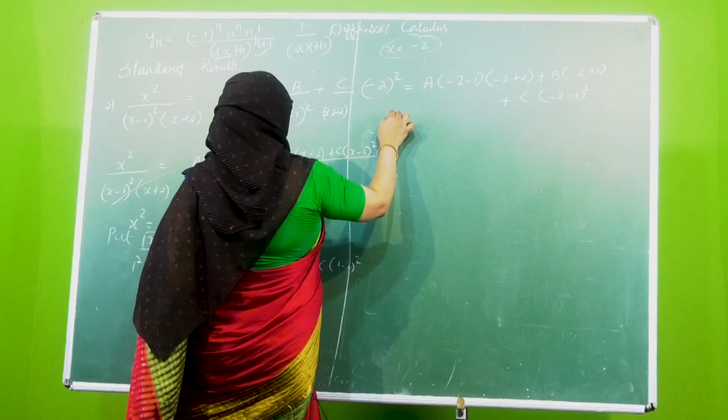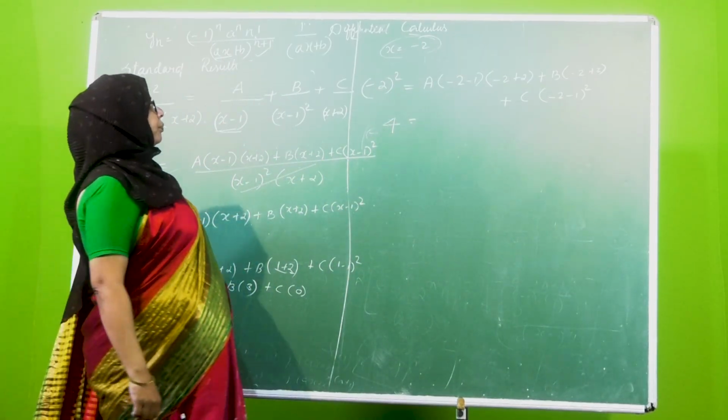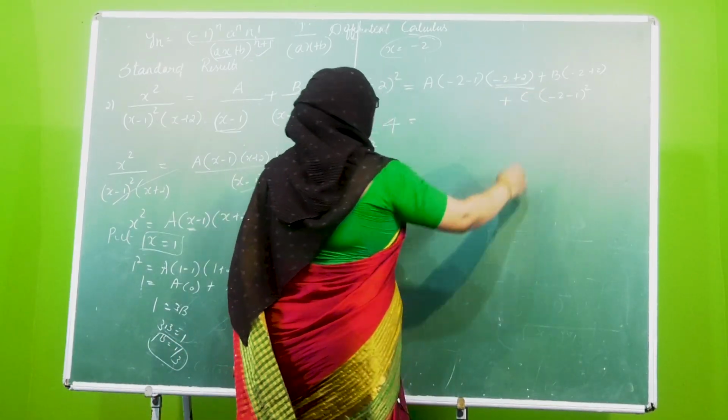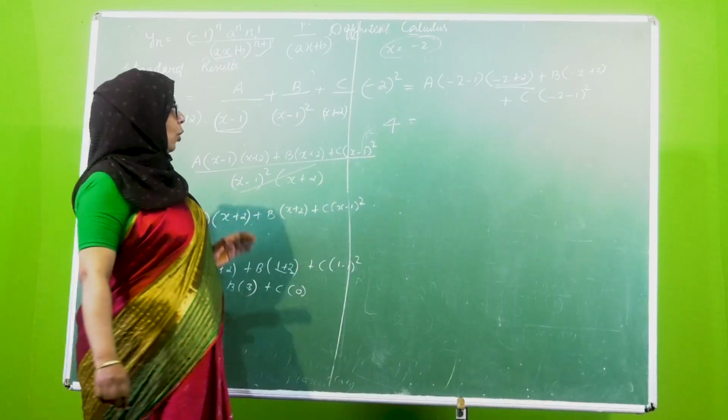So minus 2 squared is obviously 4. And minus 2 plus 2 is obviously 0.